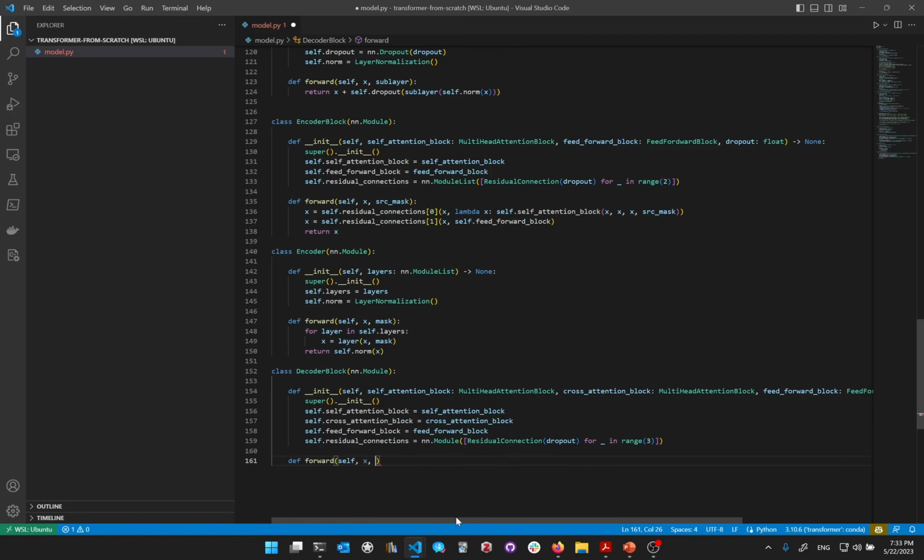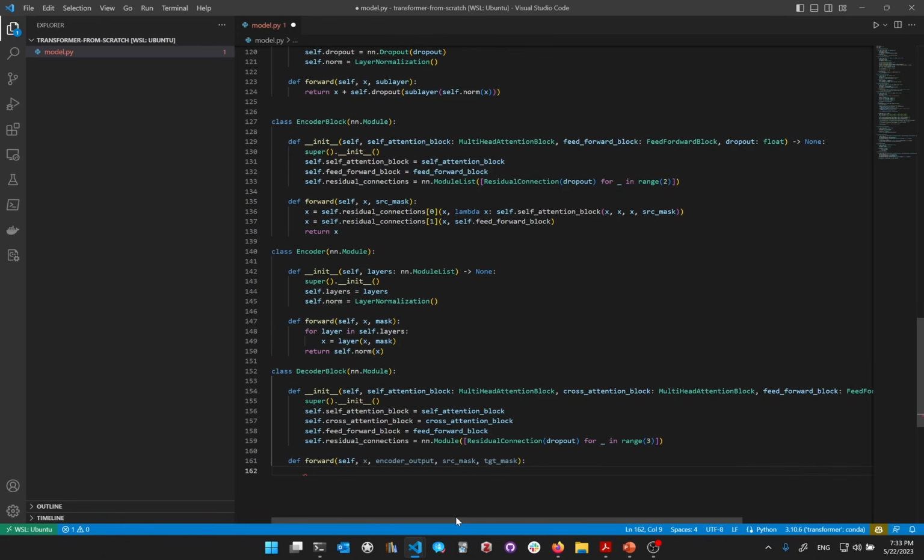We need X. What is X? It's the input of the decoder, but we also need the output of the encoder. We need the source mask, which is the mask applied to the encoder, and the target mask, which is the mask applied to the decoder. Why are they called source mask and target mask? Because in this particular case, we are dealing with a translation task.